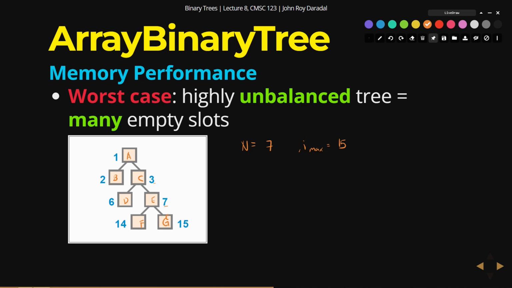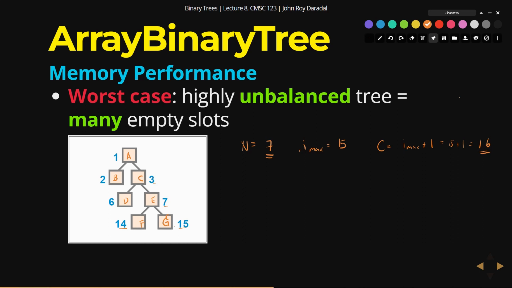So if you multiply by 2, that would be at 14, and then plus 1, 15 for the sibling G, right? So you only have 7 nodes, but what would be your capacity? That would be I max plus 1, which is 15 plus 1, which is 16 already. So you'll notice the wastage from 7. You only need 7 nodes, but you are allocating an array of capacity 16.